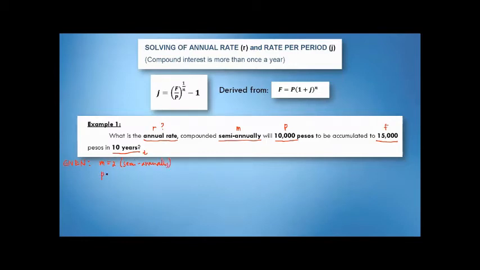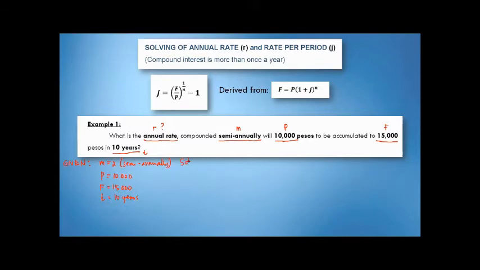We have the present value of 10,000, the future value of 15,000, and the time of 10 years. Ang hinahanap natin is R, in which hindi natin siya directly masasolve agad. Kailangan i-compute muna natin yung rate per period, which is J.